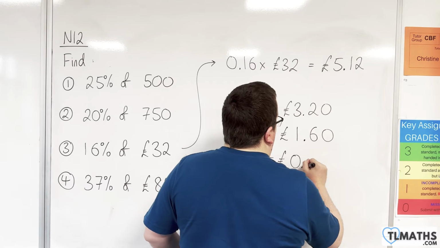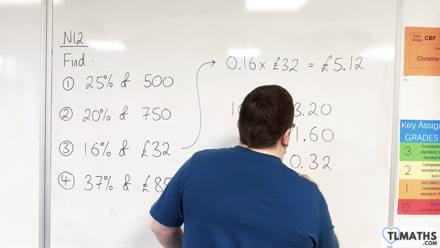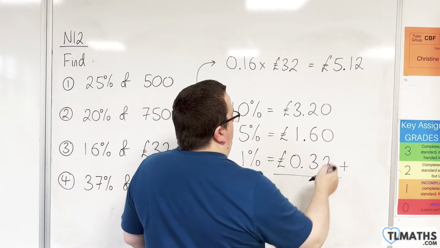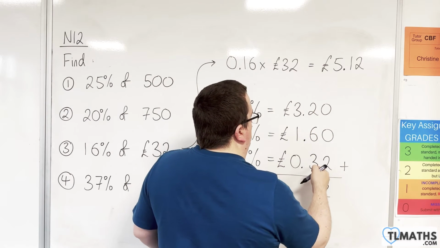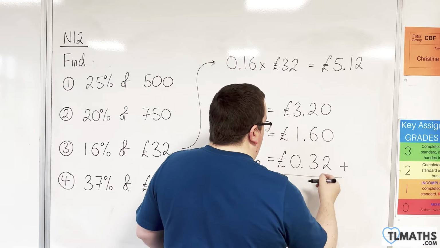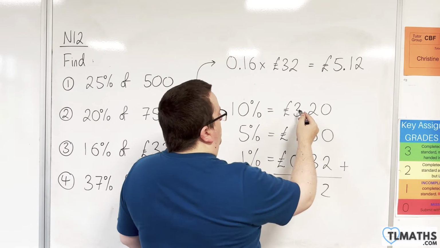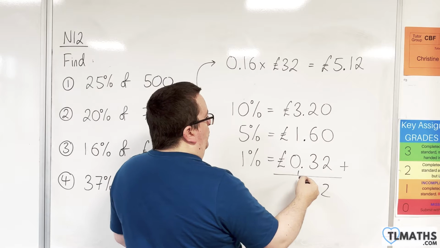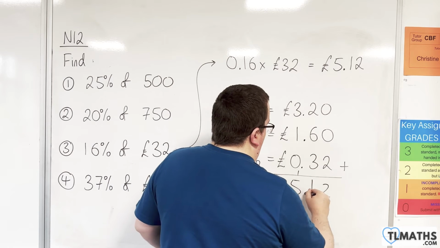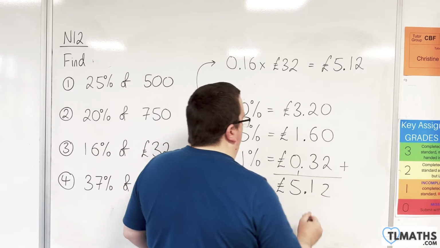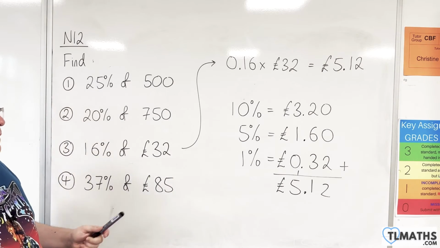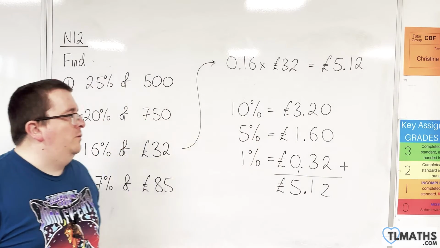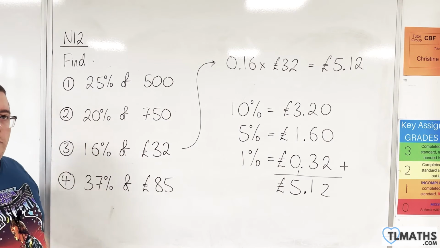So 0.32. Add them all together. We've got 0 plus 0 plus 2. 2 plus 6 plus 3, which is 11. So 1 carry the 1. 3 plus 1 plus 0 plus 1 is 5. Bring the decimal point down, and we've got our £5.12. Okay, so you could break it up into the separate percentages and add them all together and do it that way.